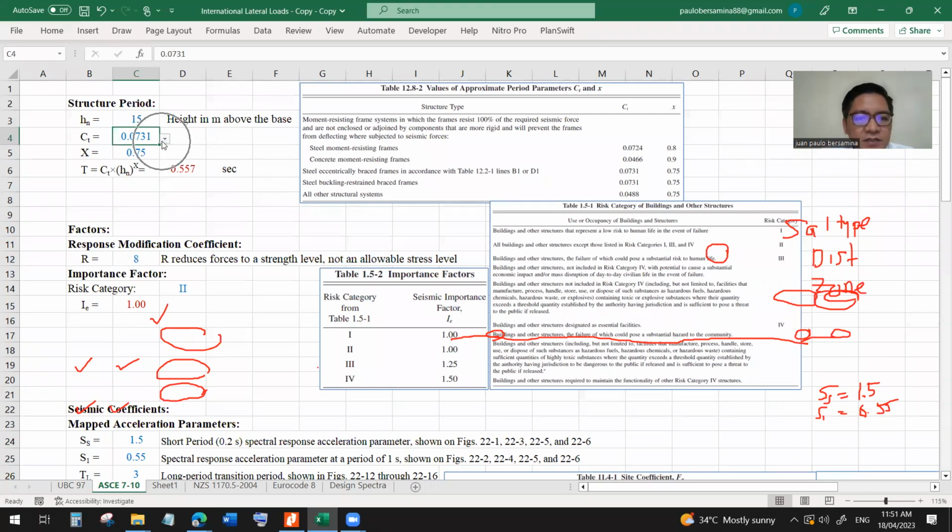C sub T, 0.0731, kasi concrete. Okay. 0.0466 pala dito.